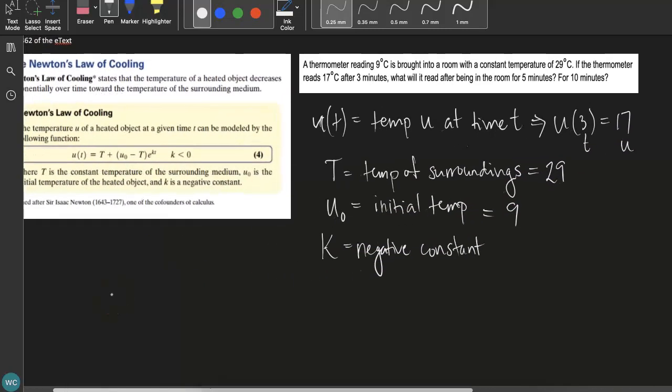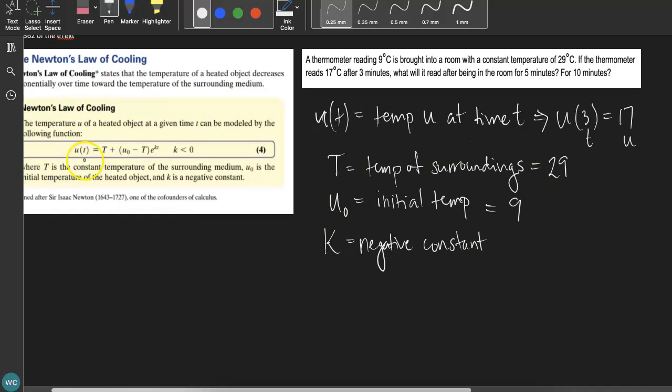So that formula again is over here. So U of T at time 3 is 17. And that equals capital T plus, so we'll write here 29 plus U sub 0 minus capital T, that's the initial temp minus the constant temp of the surroundings, so that's going to be 9 minus 29.